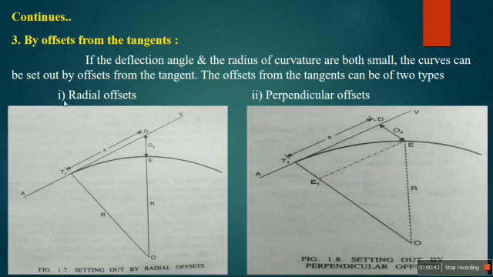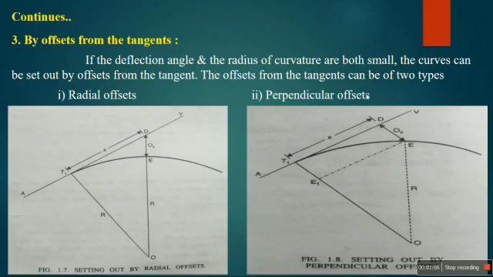In this case, there are two main methods. One is radial offsets and the second one is perpendicular offsets. Radial offsets means whatever offsets you have marked on the ground are exactly along the radius of the curve.